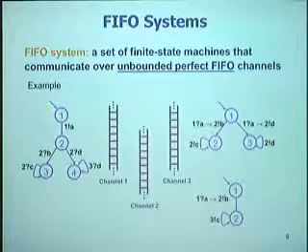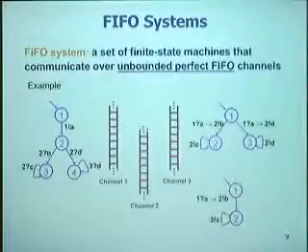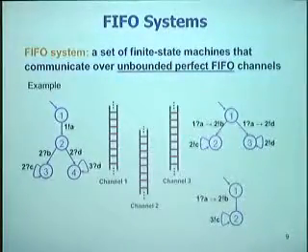One thing to note here is that in a FIFO system, the transitions of the automata are labeled by a set of actions. These actions are either a write, a read, or a conditional action. For example, in this automaton, the process would go from state 1 to 2 by writing letter A on channel 1.